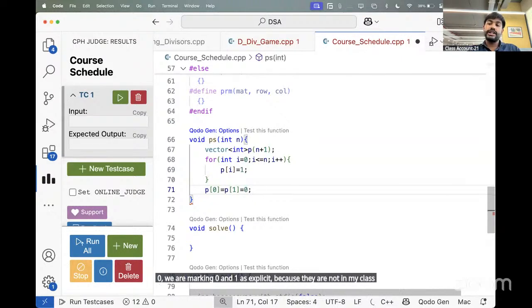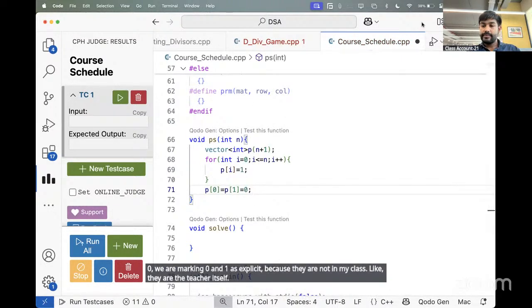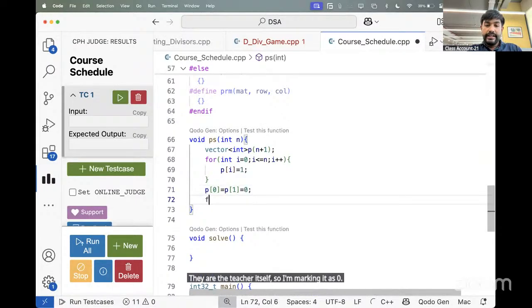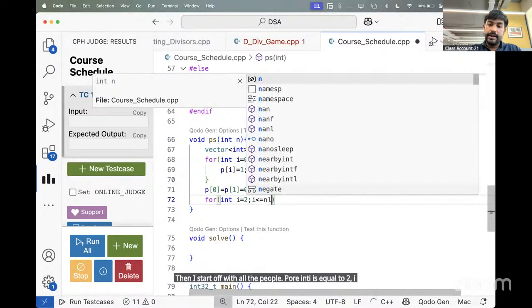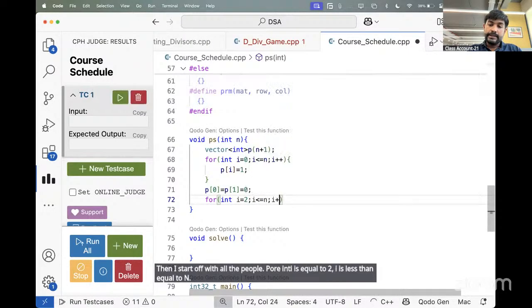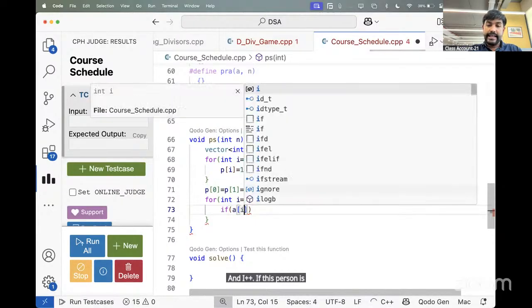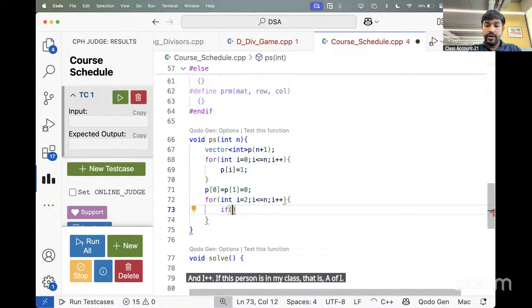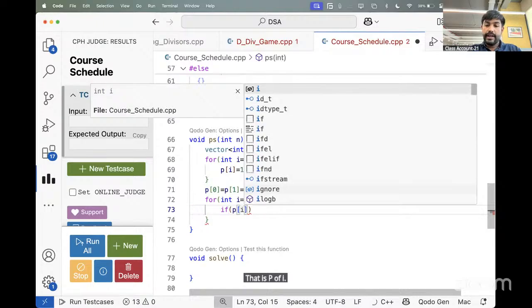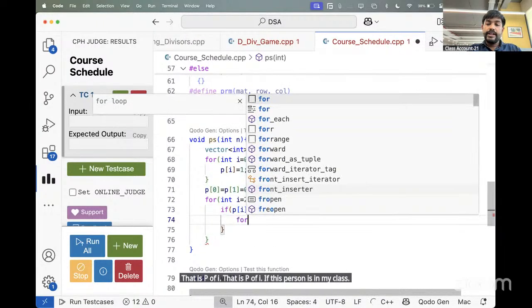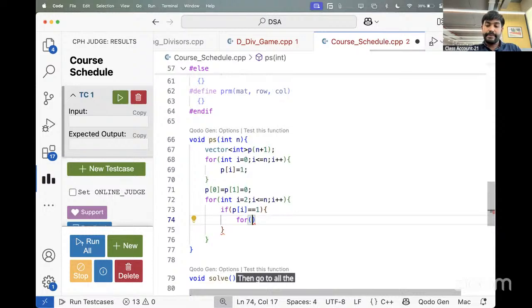because they are not in my class, like they are the teacher itself. So I'm marking them as 0. Then I start off with all the people: for int i equals 2, i less than or equal to n, i plus plus. If this person is in my class, that is p of i, then go to all the friends of this person.